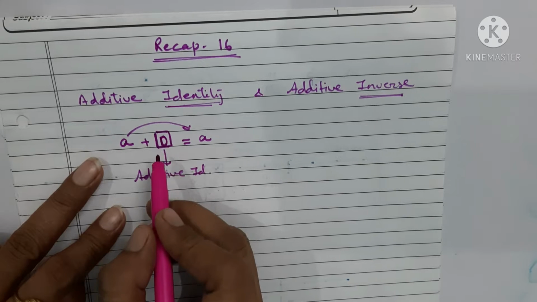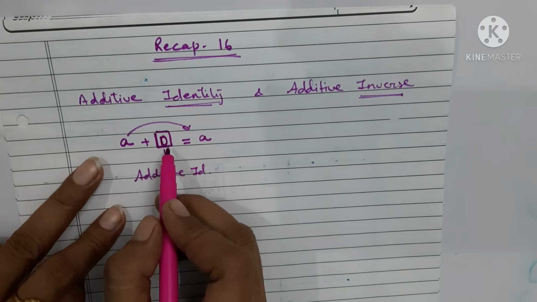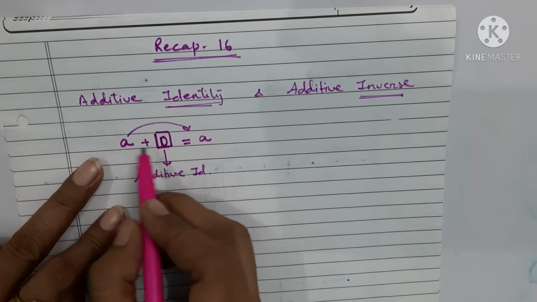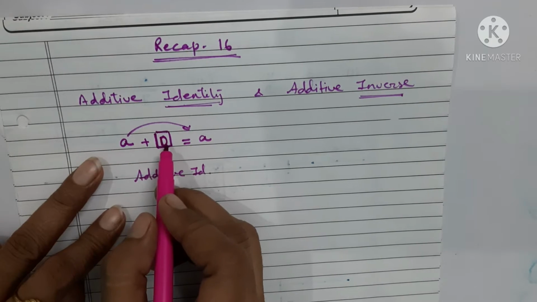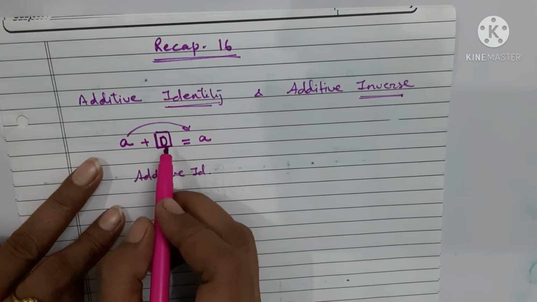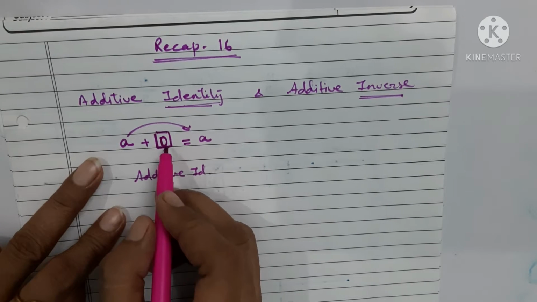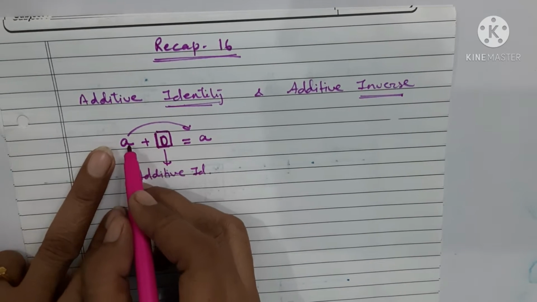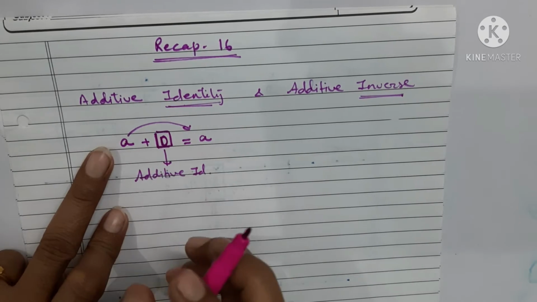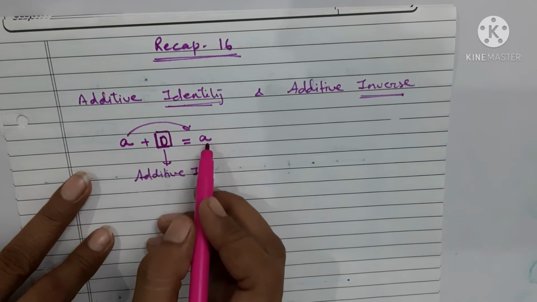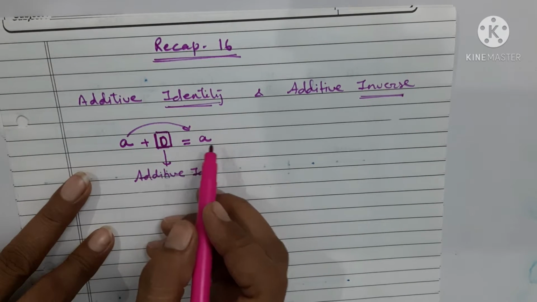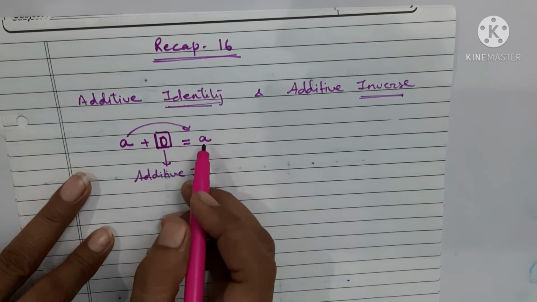It is the additive identity. It has its own identity of making no change in any number when it is added to 0. What identity? That it never changes the value of any number when a number is added to it. So if any rational number a is there, a plus 0 gives you a only, the same number itself.